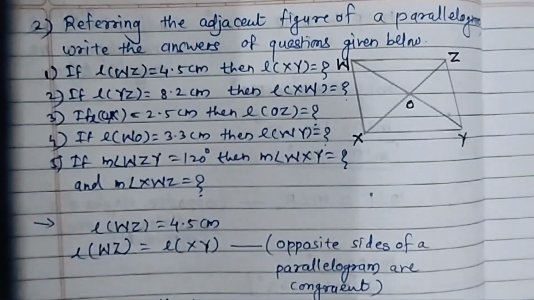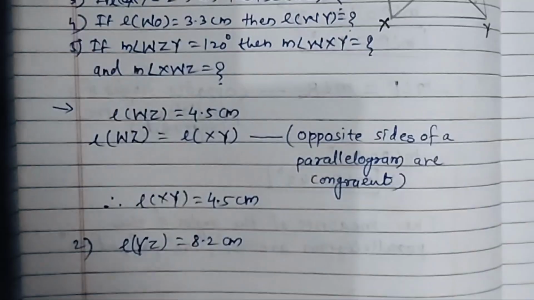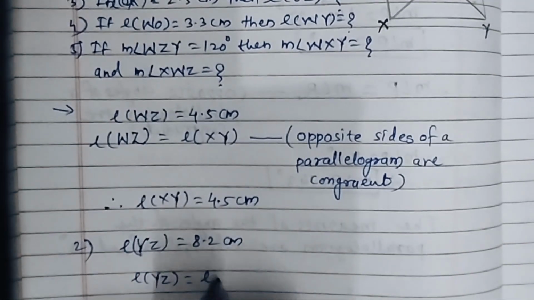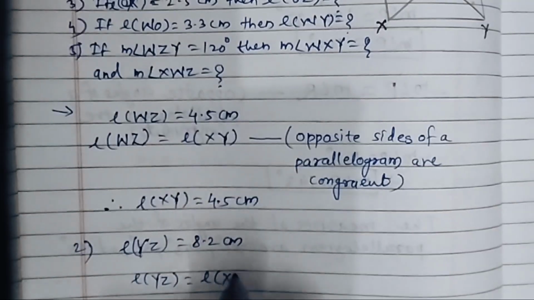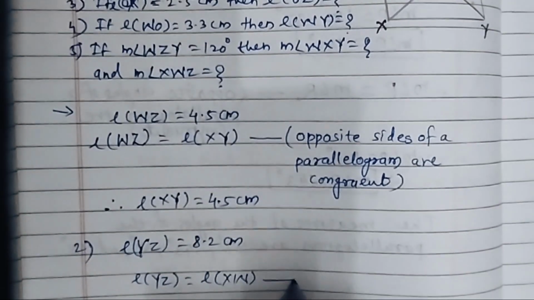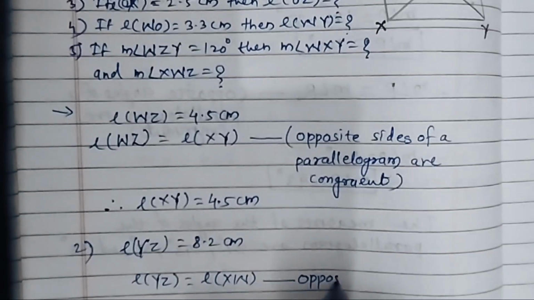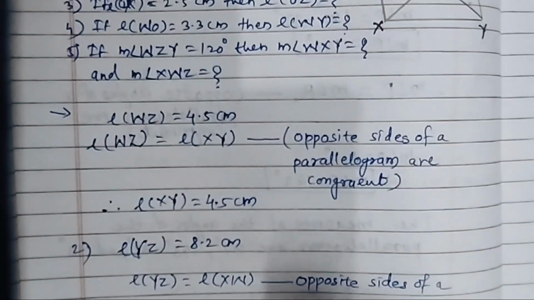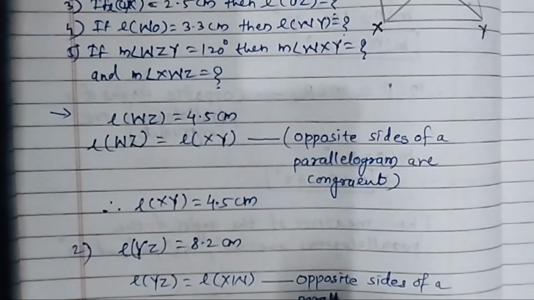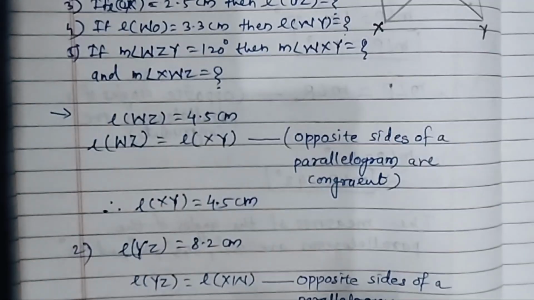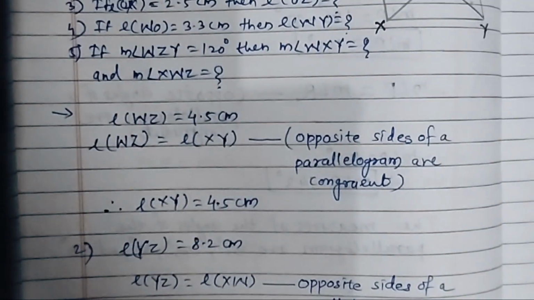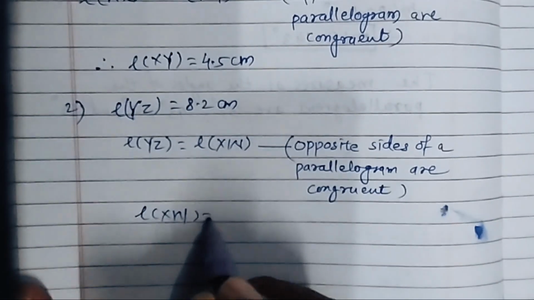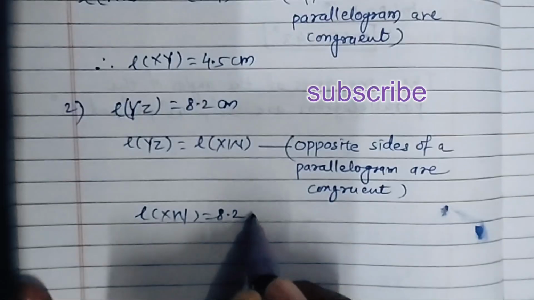So here we write: length of YZ is equal to length of XW, because opposite sides of a parallelogram are congruent. So here we write: length of XW is equal to 8.2 centimeter.